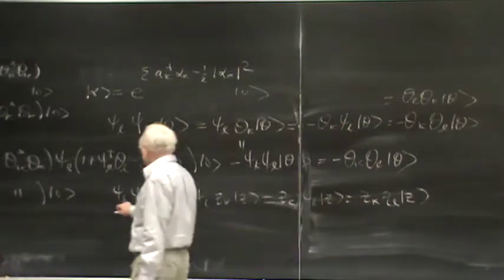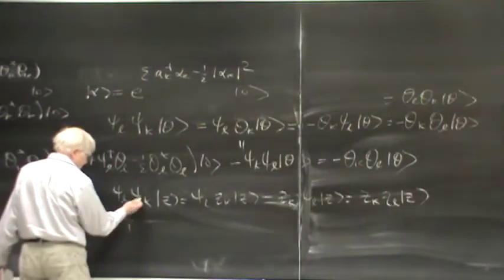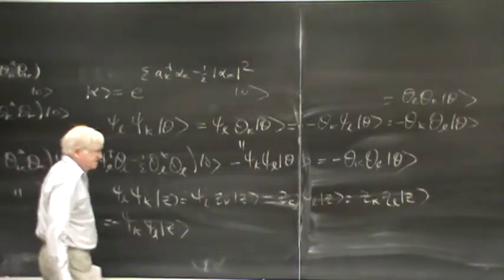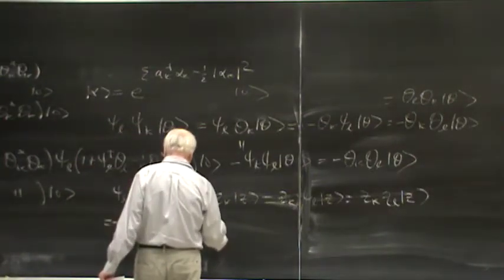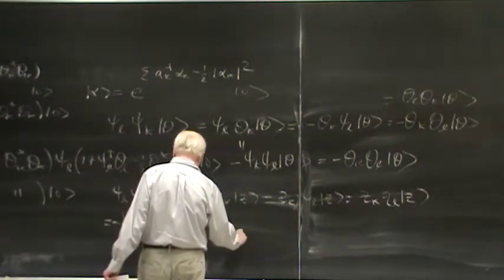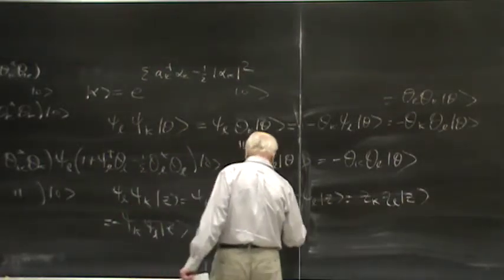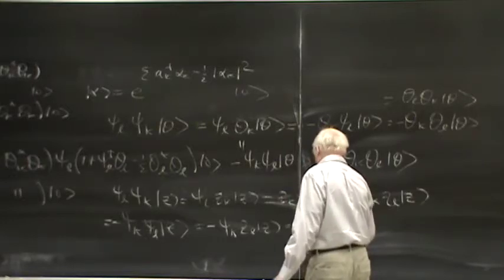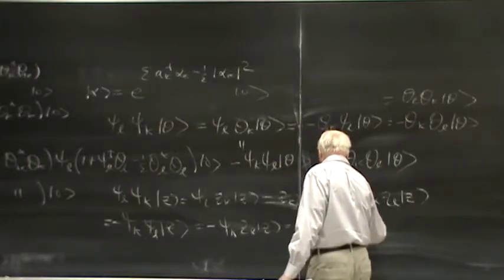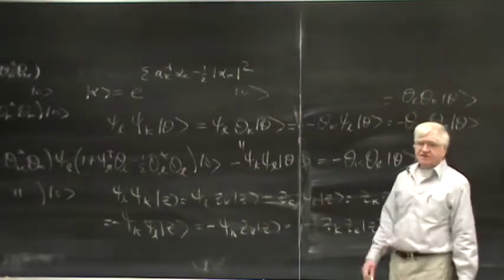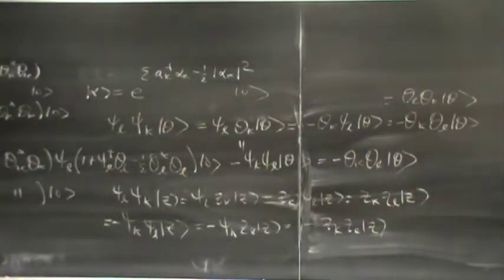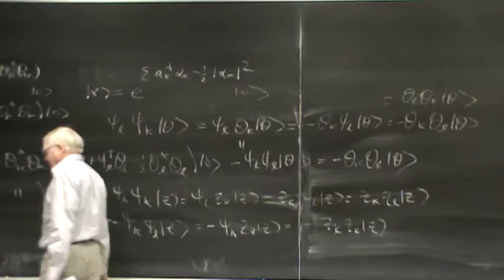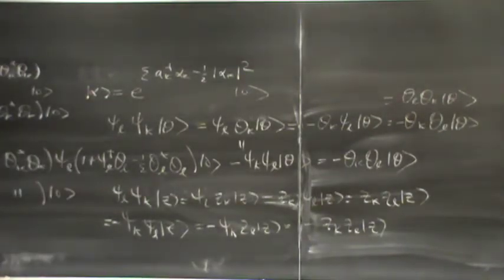On the other hand, these things anti-commute, so this would be minus psi k psi L z, and that would give us minus psi k zL z, and that would then be minus zk zL z. So we get a perfect contradiction here if we try to have states that are eigenstates of the fermionic operators with complex numbers as opposed to Grassmann numbers.